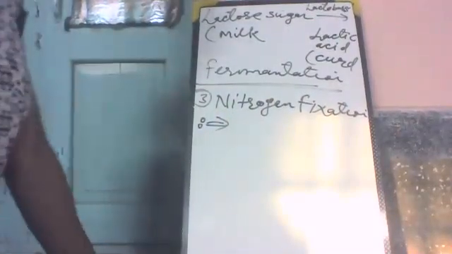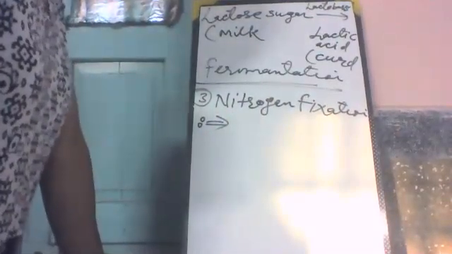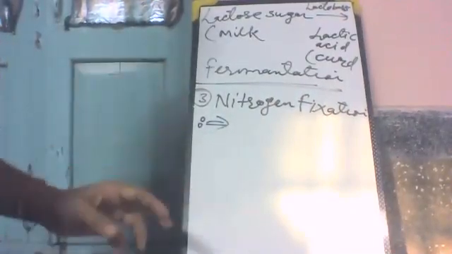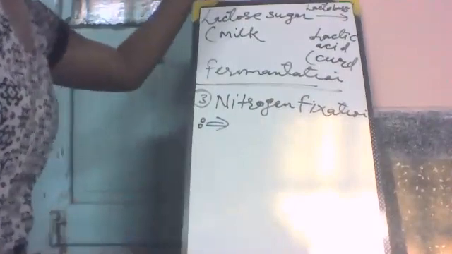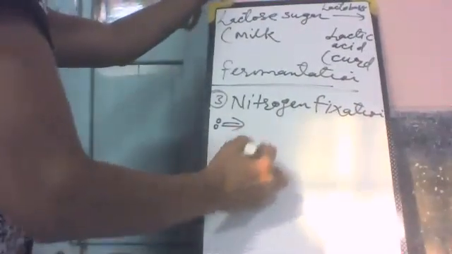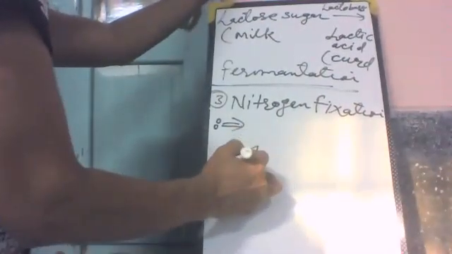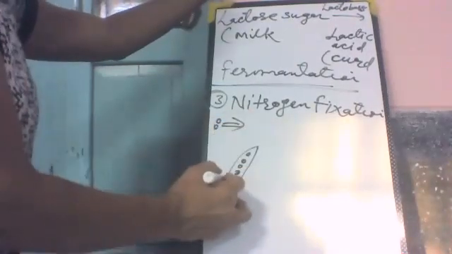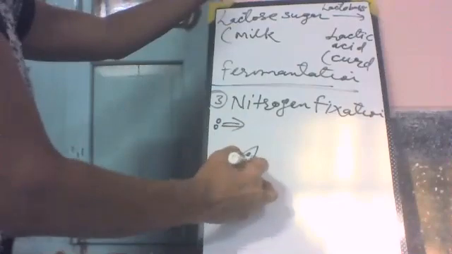Nitrogen fixation. Pea, gram, and beans are leguminous plants. Some plants have their pod. The seeds are bounded by this, and this is known as a pod.